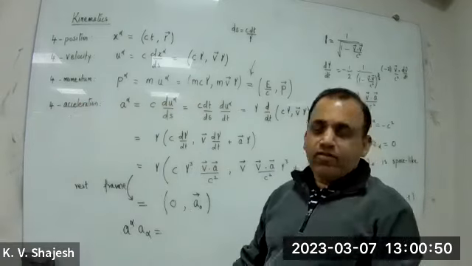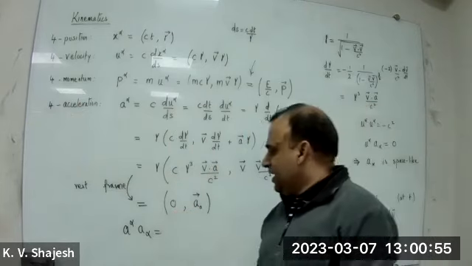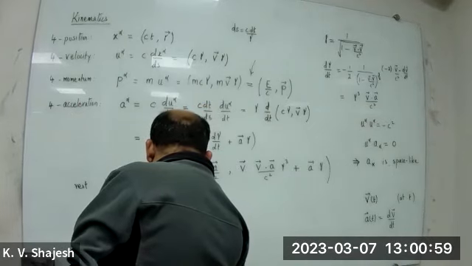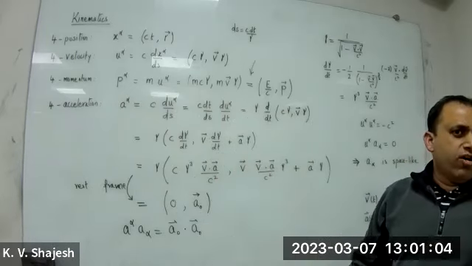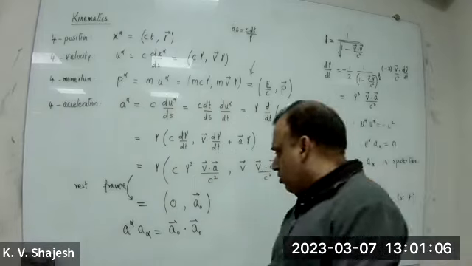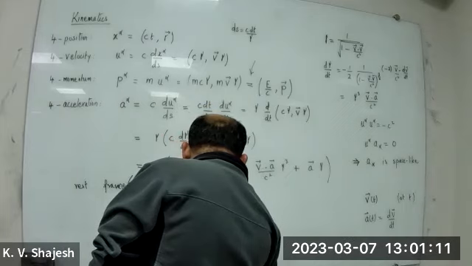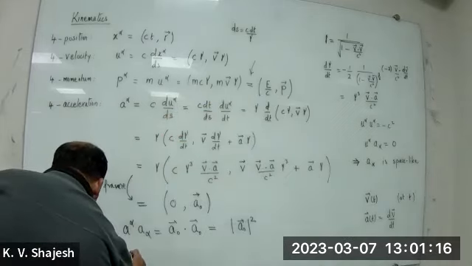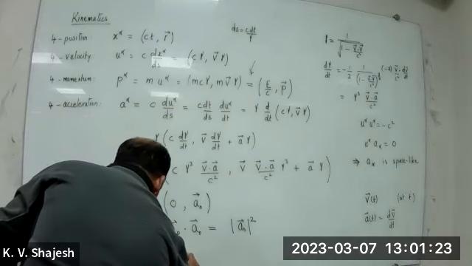In that particular frame, A alpha is easy to calculate: minus A0 squared plus A dotted with A. That's the magnitude of the proper acceleration. So the magnitude of A alpha, or A naught, is called the proper acceleration.